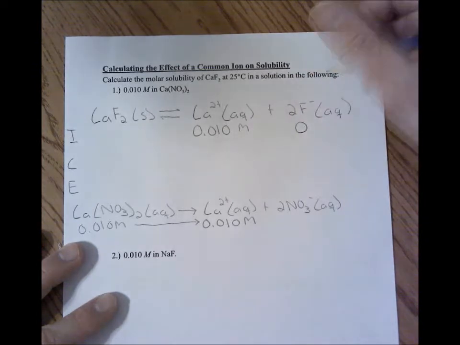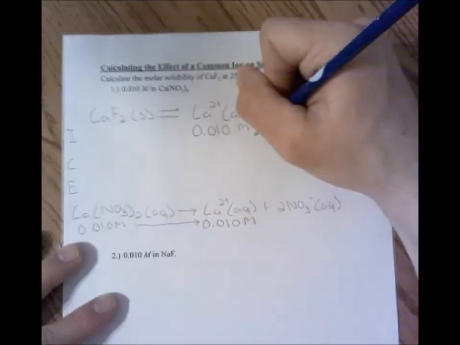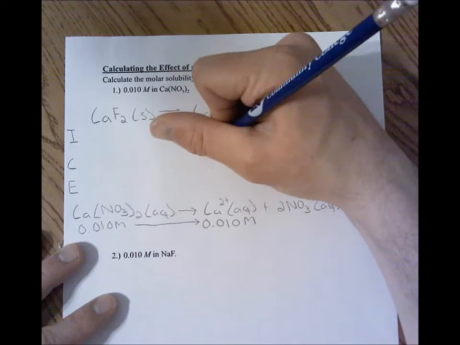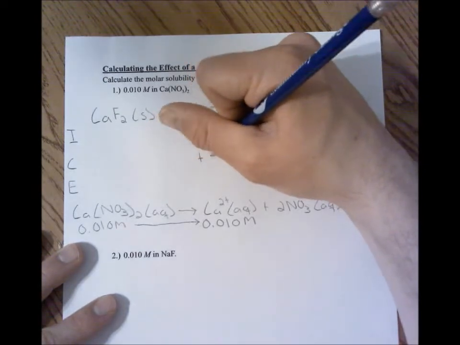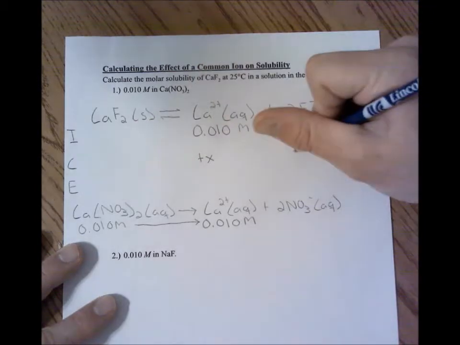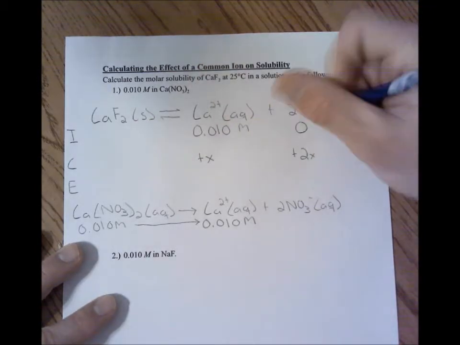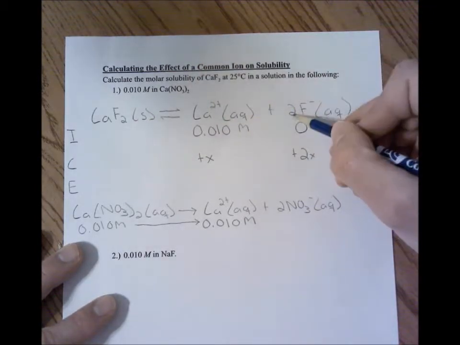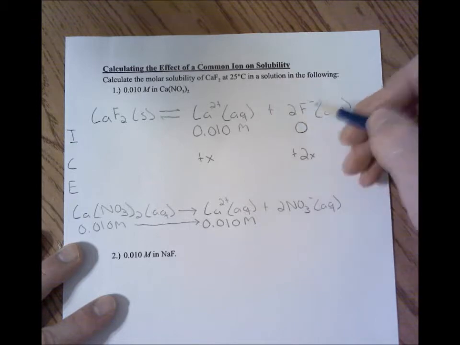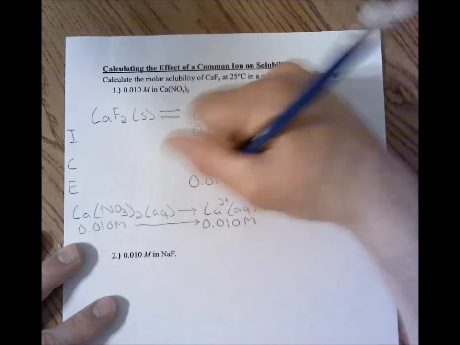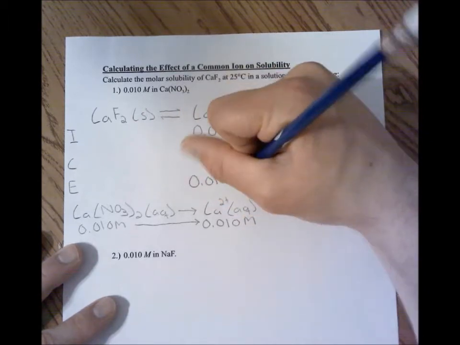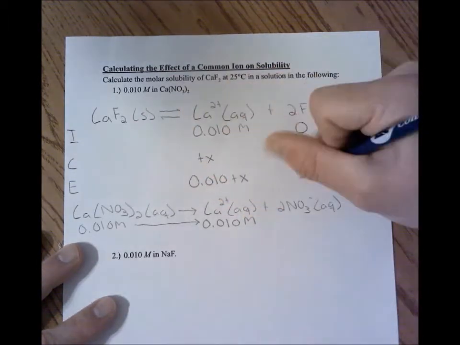Now, we add in our value of x. There is some amount of x gained, and then we have to put 2x here for the fluoride because there is that coefficient out in front. So at equilibrium, what we end up getting is 0.010 plus x and then 2x.